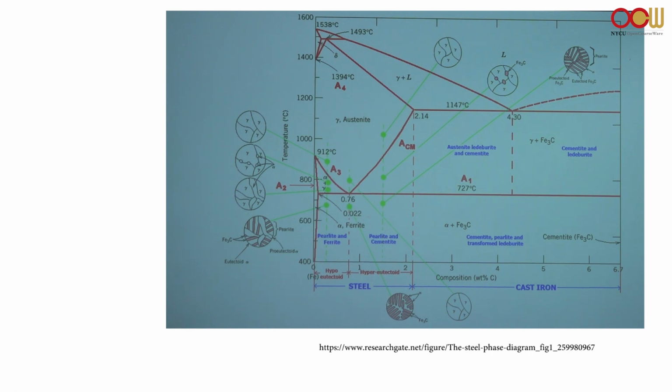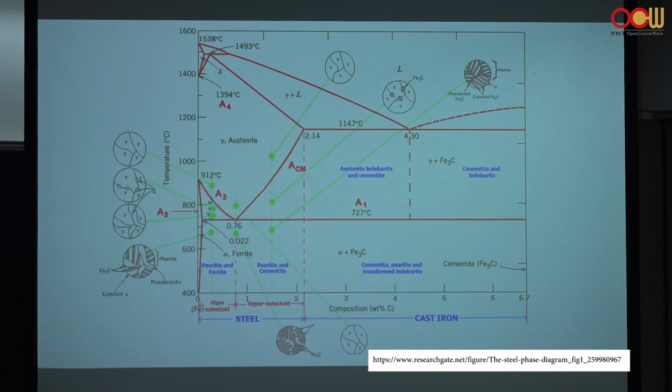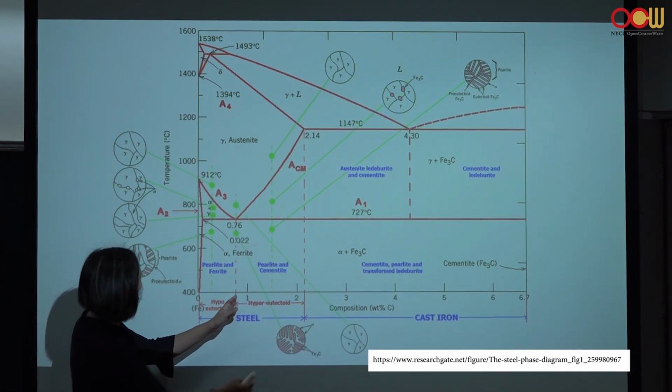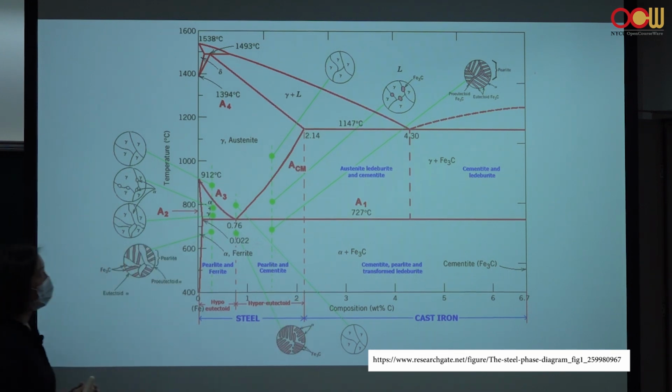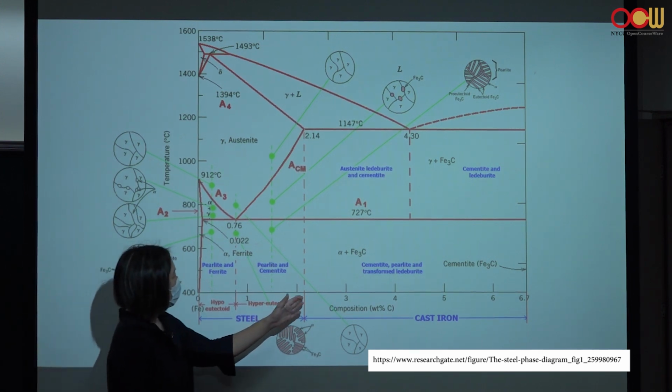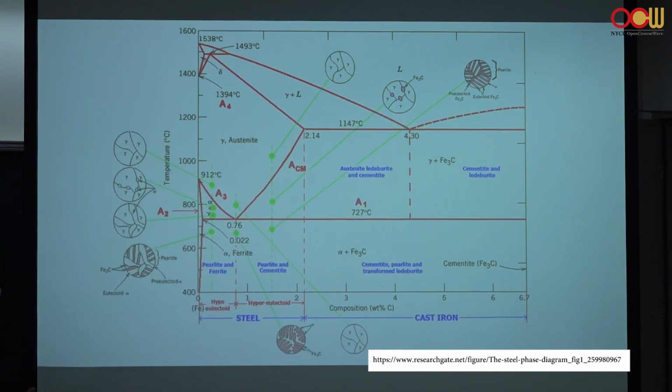If you have carbon that's less than 0.76 weight percent, you tend to get one kind of microstructure. Between 0.76 to 2.14 weight percent carbon, you get another kind of microstructure. Between 2.14 and 4.3, you get another type. And between 4.3 to 6.7, you get another type of microstructure.